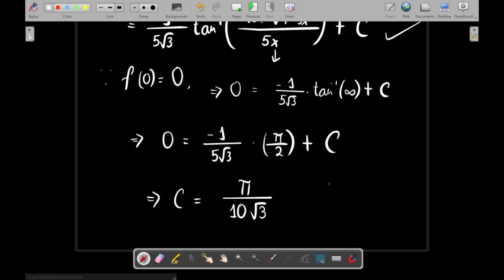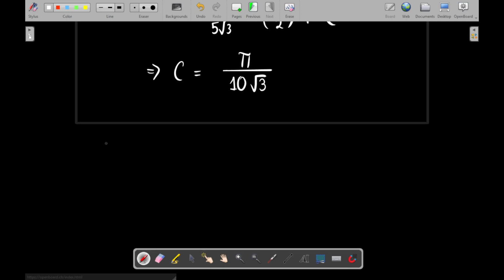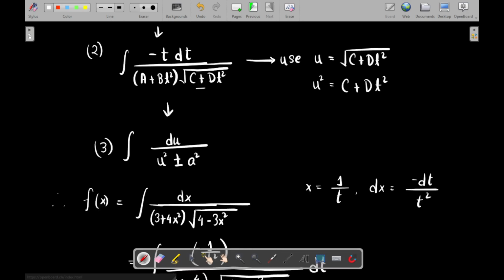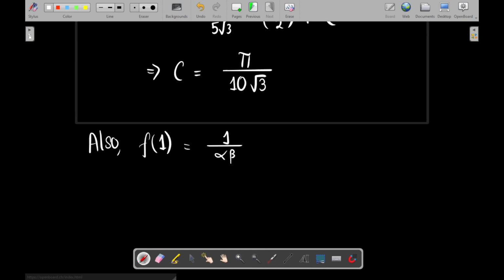So I believe this is the value of the constant c. Also we are given f of 1 is equal to, I believe it was 1 upon alpha beta times tan inverse of alpha upon beta, right?